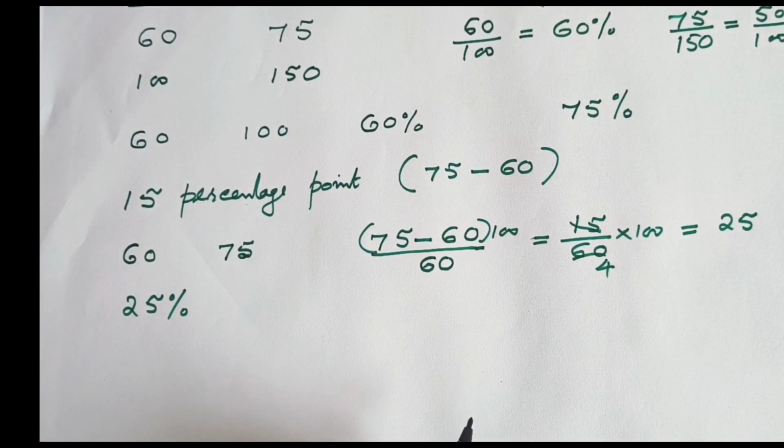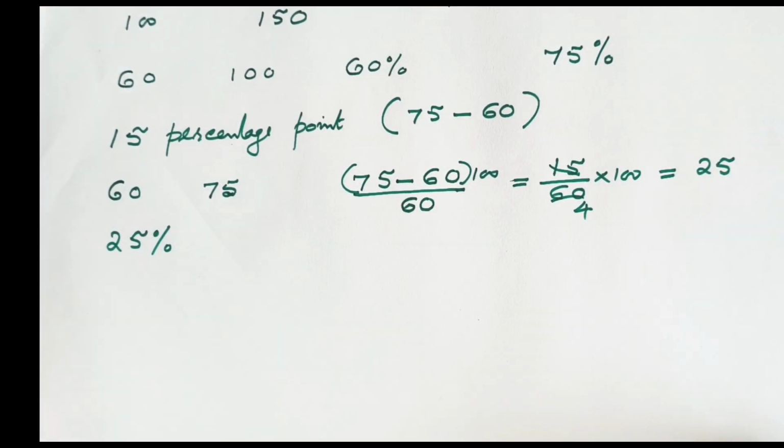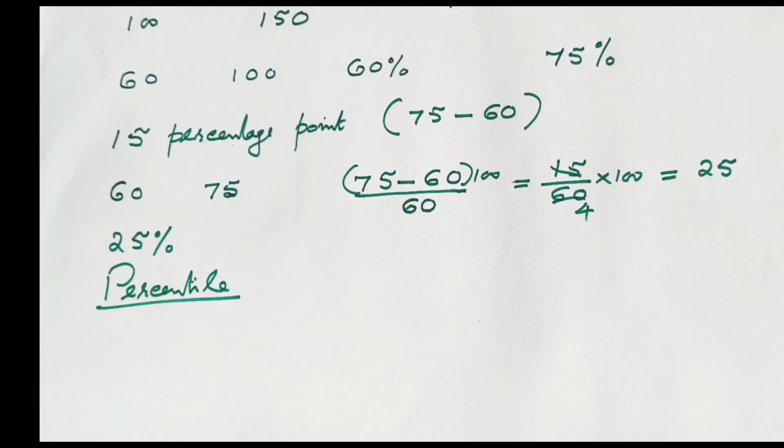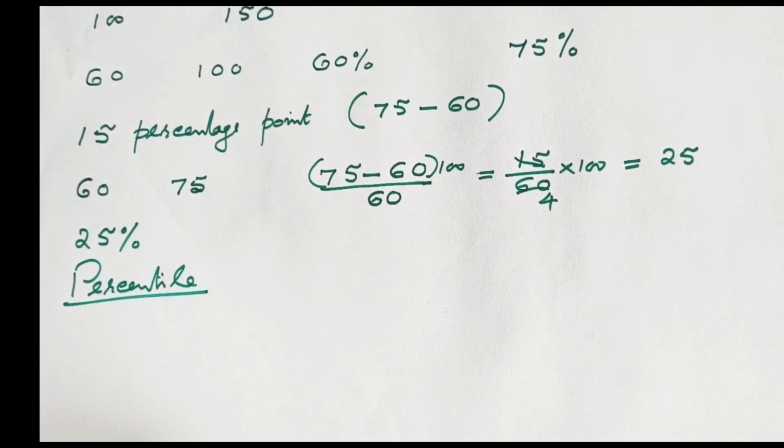Now let's come to the last concept given in the question, which is percentile. This is an idea used in grading students taking competitive examinations like CAT in India. Here also let me use an example to give you a correct understanding of what this concept is.